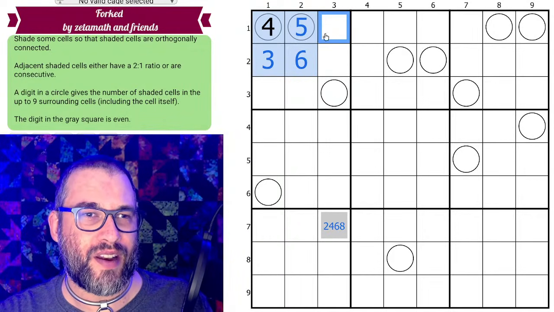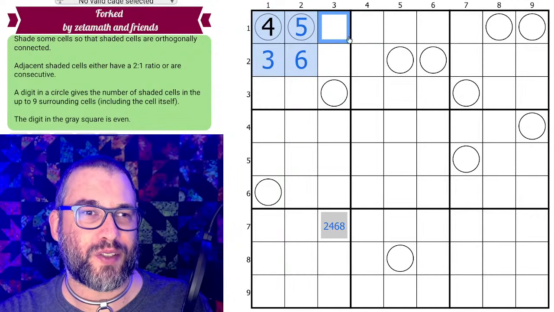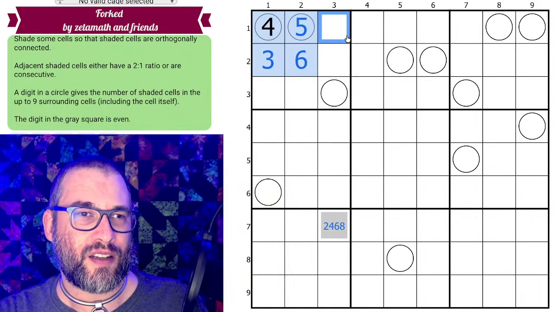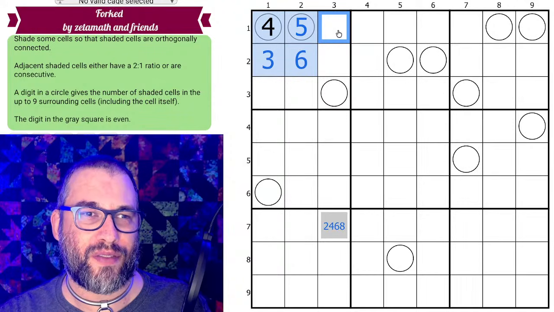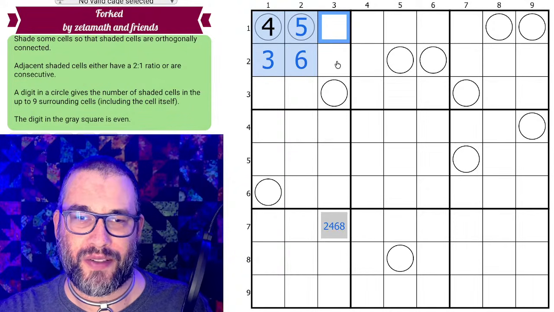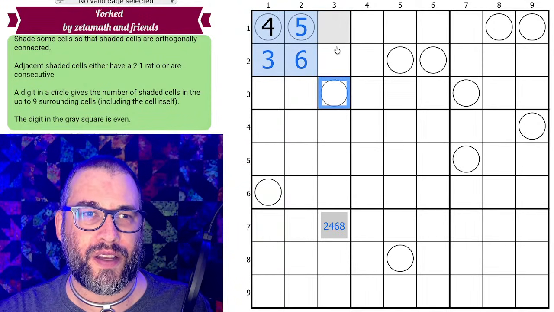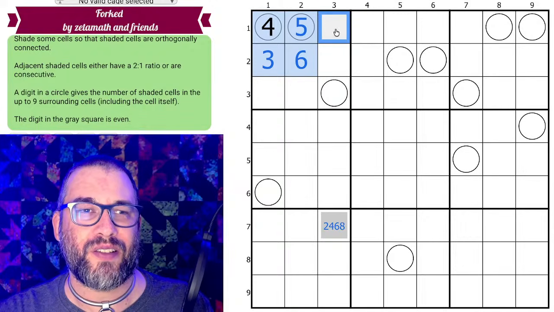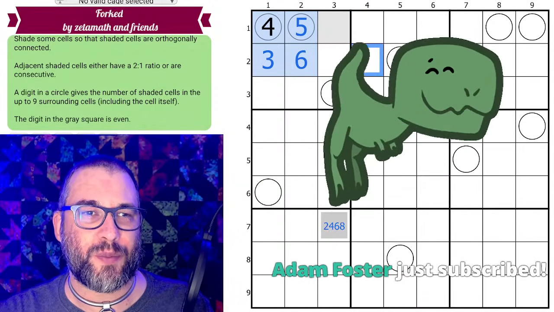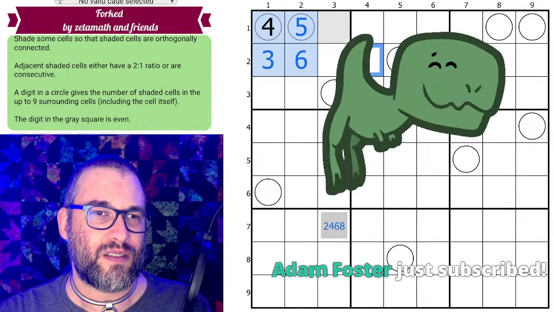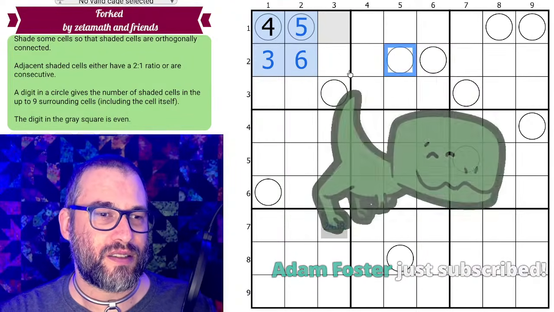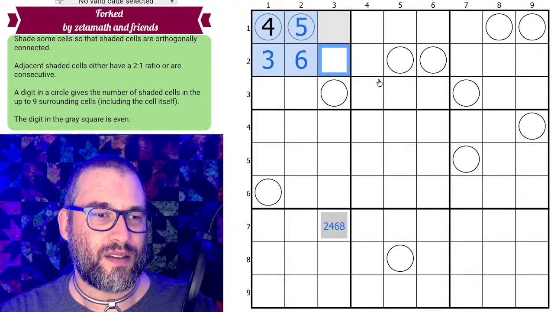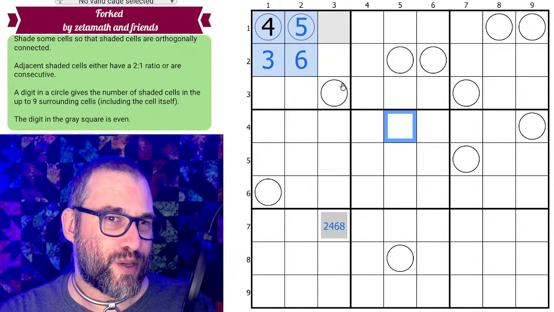So there's nothing for this to be if it's shaded. There's no relationship with 5 that this can be. This is not shaded, so we will call it gray. Is this gray, like, completely invisible? Can you all see this gray? It might be hard to see on a phone. I'm not sure.